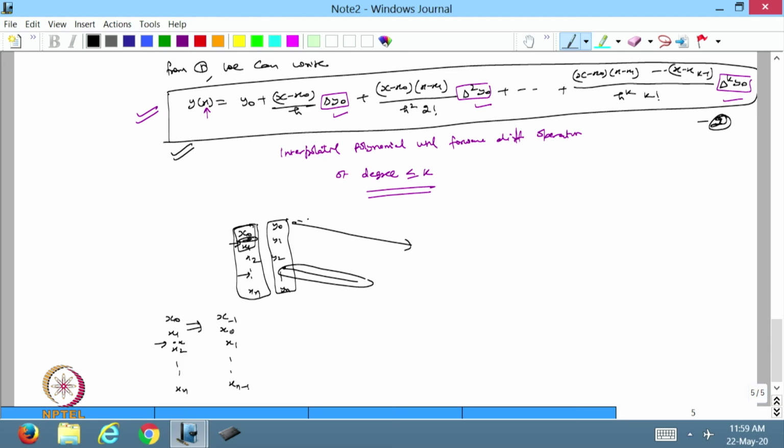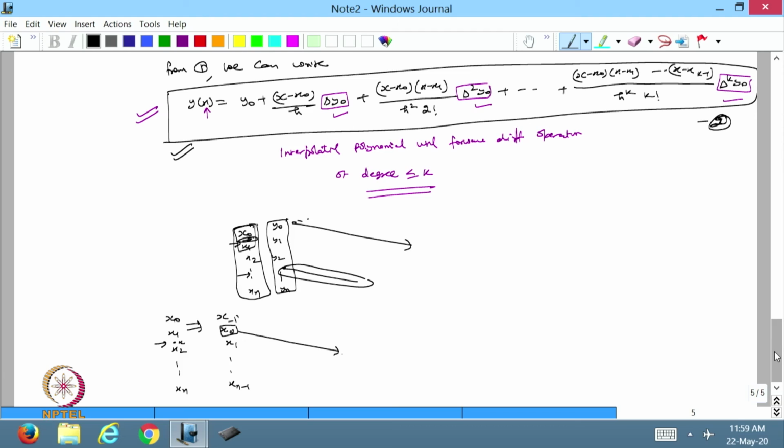We just shift these indices so that this becomes x0, and then I can use the finite difference table and all the values corresponding to this line, put them in this equation, and get the interpolating polynomial.